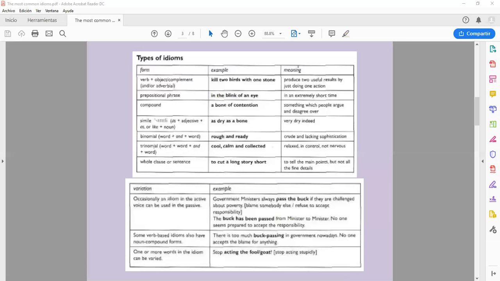Okay, so any other example, kids? Okay, so Rogelio wrote, you can do your homework in the blink of an eye. Just do it, please. Hey, that's pretty good. Thank you very much.